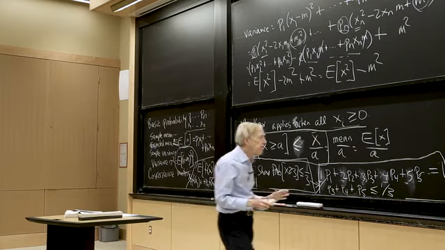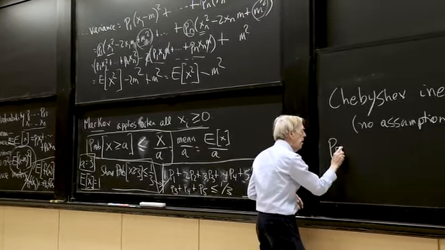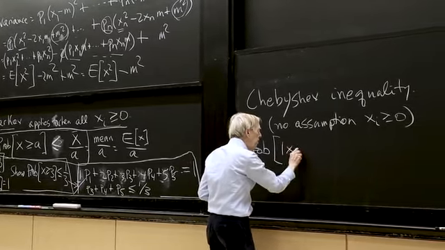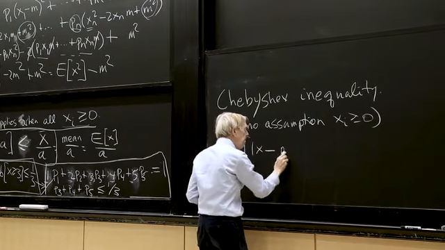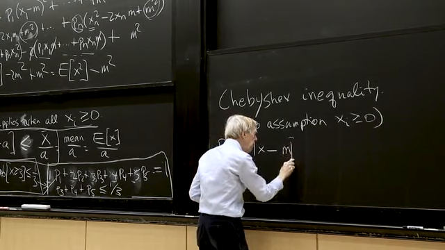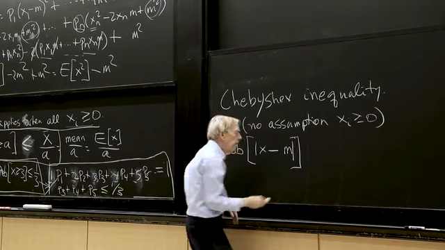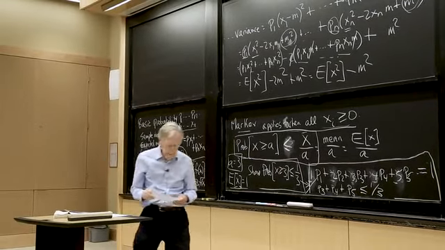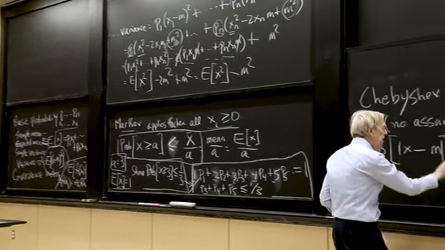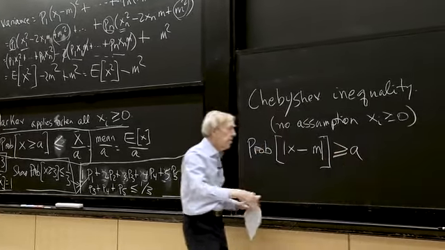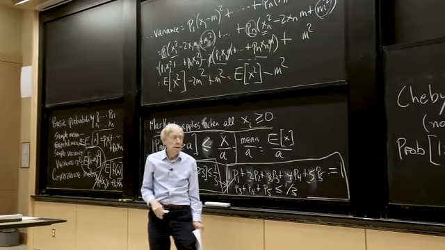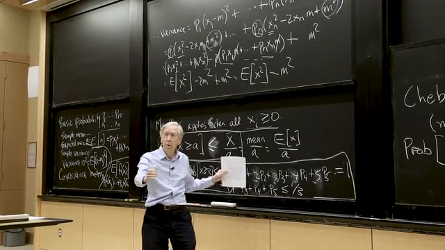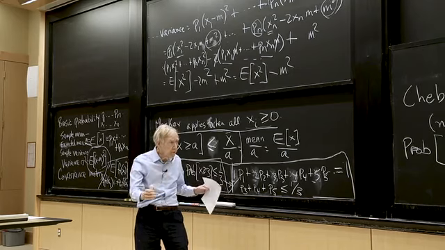So Chebyshev is interested in the probability that x minus the mean, m, is greater or equal to a, the probability of being a distance a away from the mean. So again, as a increases, I'm asking more. I'm asking it to be further away from the mean, and the probability will drop.